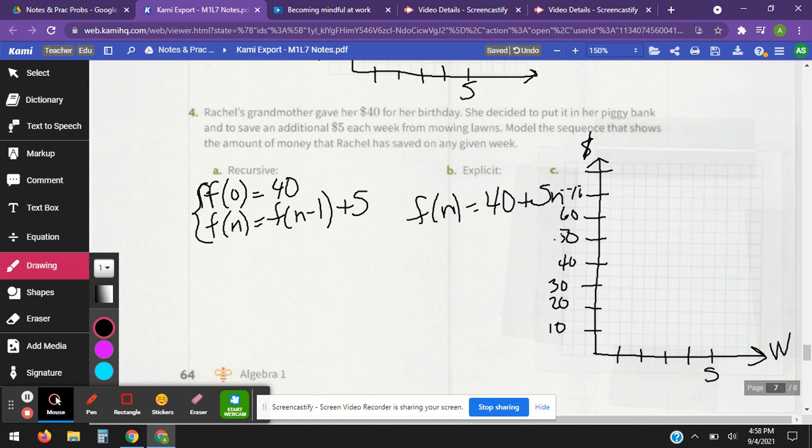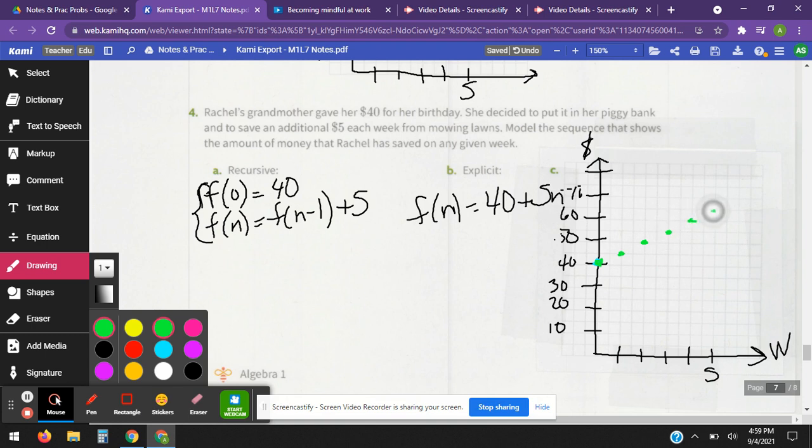So 0, she has $40. You know what? I don't like the blue on here. That's kind of light. The first week she has 45. Then she has 50. Then she has 55. Then she has 60. Then she has 65. And so on. And it's not connected because she doesn't have money in between those times.